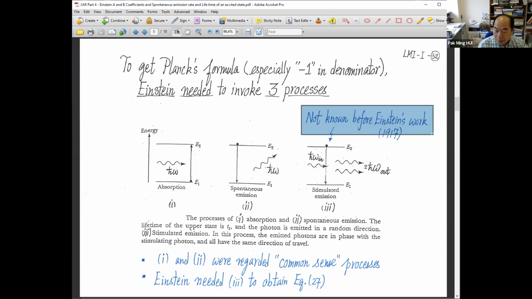That's why many people regarded Einstein as the proposer of this stimulated emission process, and then even pushed him to be the discoverer of, he invented the laser.